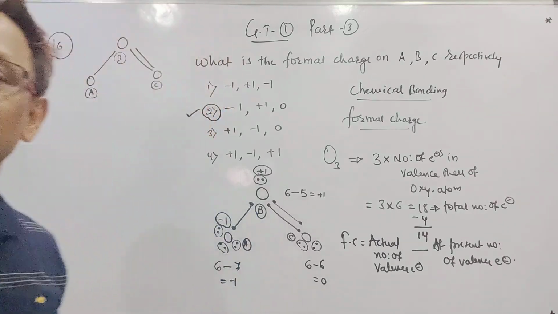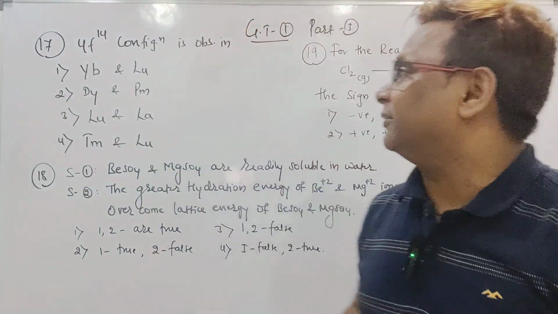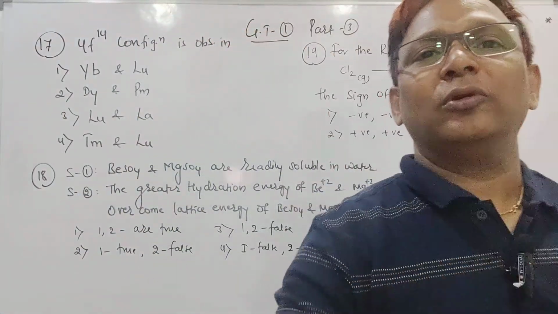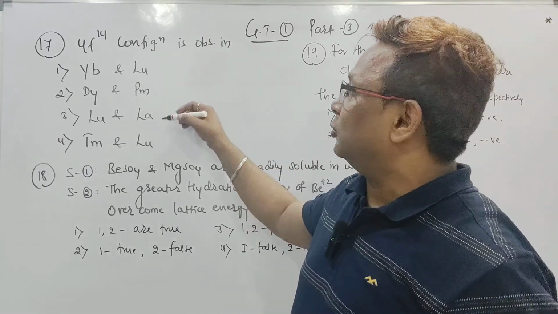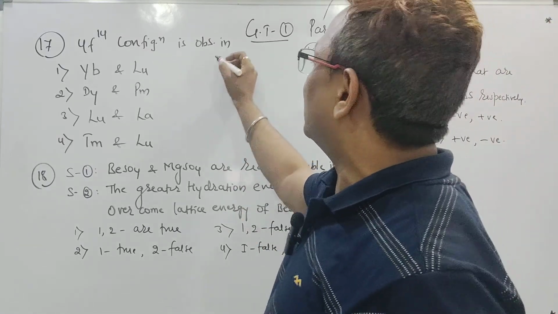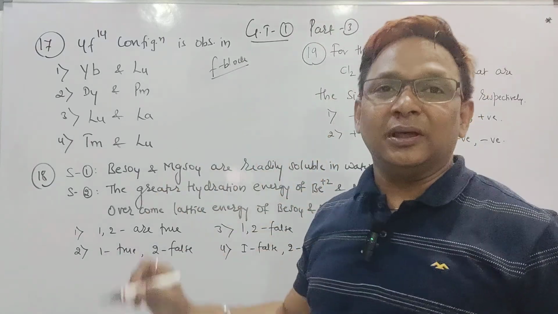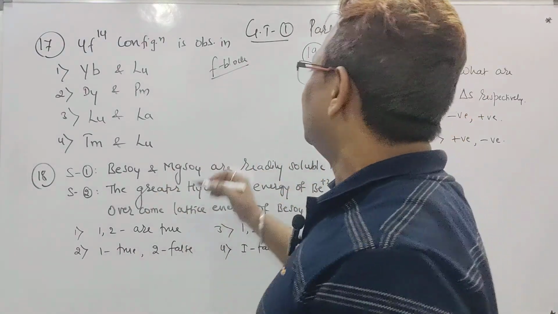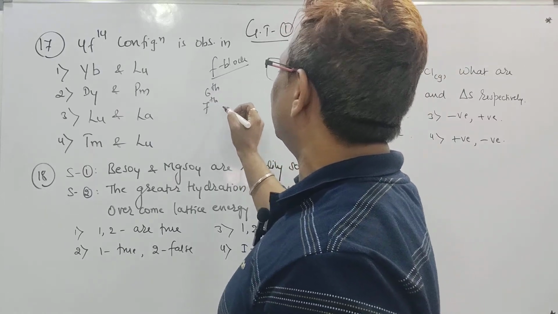Right? Take a screenshot. Now in this question, question number 17, they gave 4f14. In which will that configuration be observed? Do you know this particular question belongs to our f-block elements? And I hope, beta, you know the f-block elements are present in the 6th period as well as the 7th period.